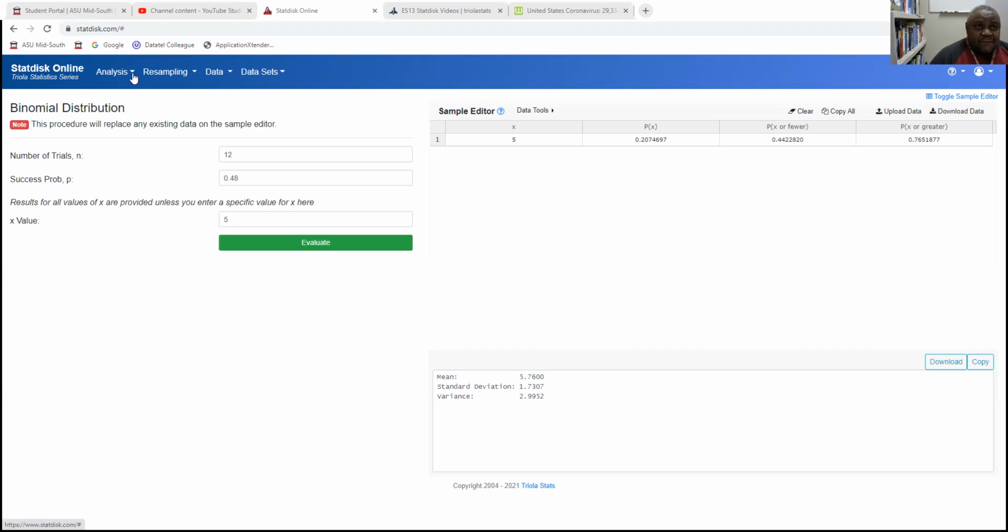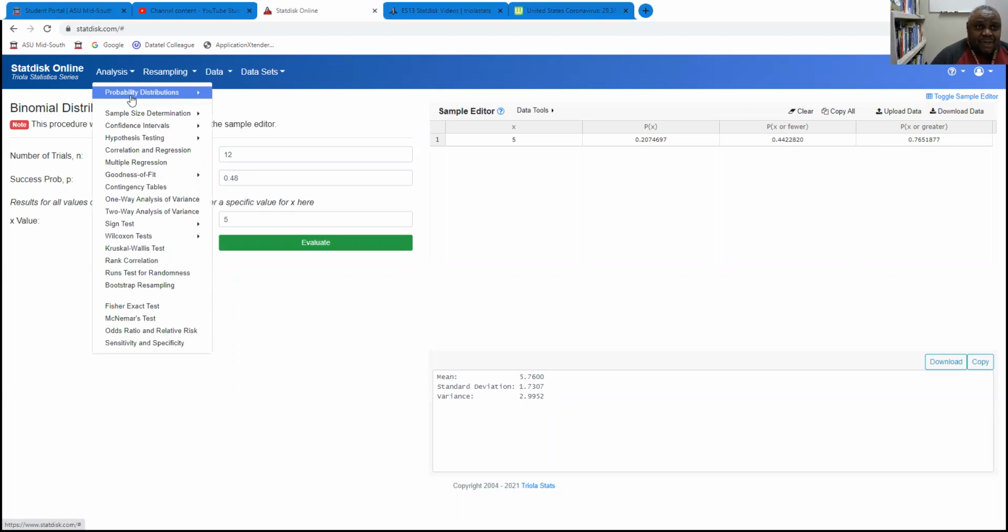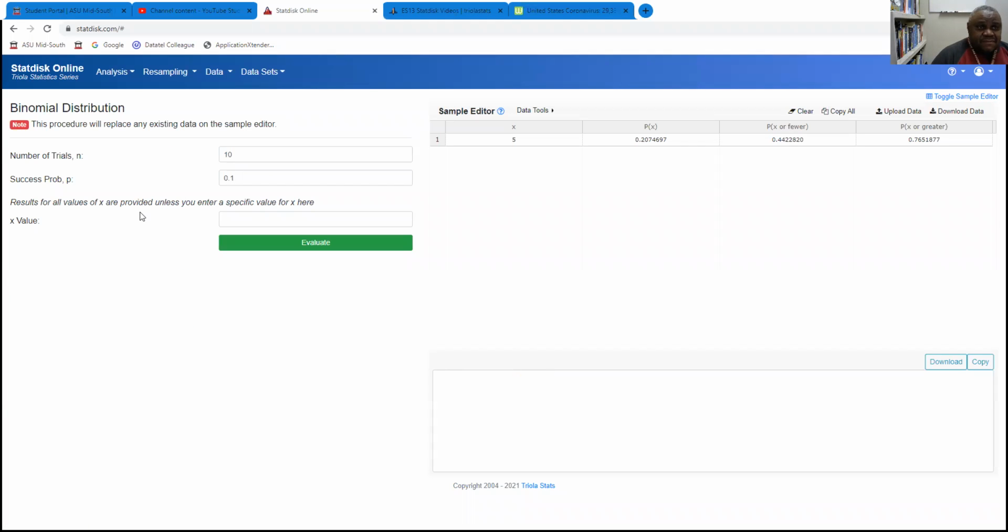Okay, so if you want to, you can go to analysis, go back to probability distribution, click on that, and then select binomial distribution, click on that. You'll still be at this page. All right, so the number of trials for sample problem number 2, that's your N. We're using N equal to 25, so just type in 25 in that box, and then tab down to the probability.